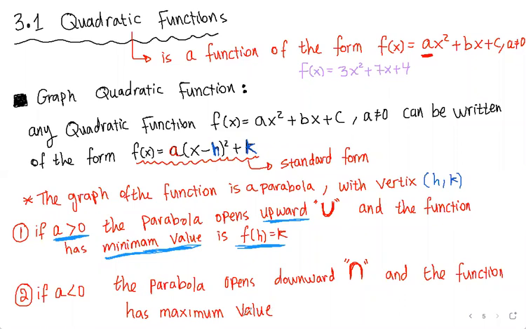What is the value? It is f of h equal k. So again, the important things: a is negative, the parabola opens downward, and the function has a maximum value, which is at the vertex, f of h equal k.